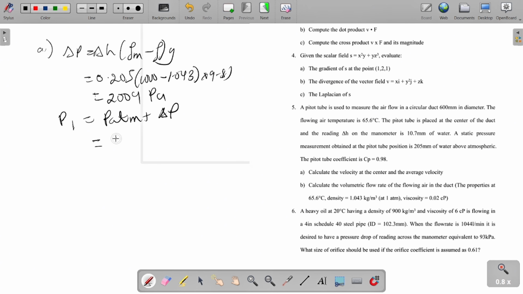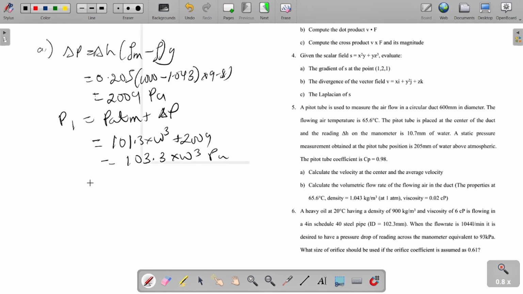We know atmospheric pressure is 101.3 times 10 to the power 3, which is 101.3 kilopascal, plus 2.09. So this gives me a P1 of 103.3, right, 103.3 times 10 to the power 3 Pascal.